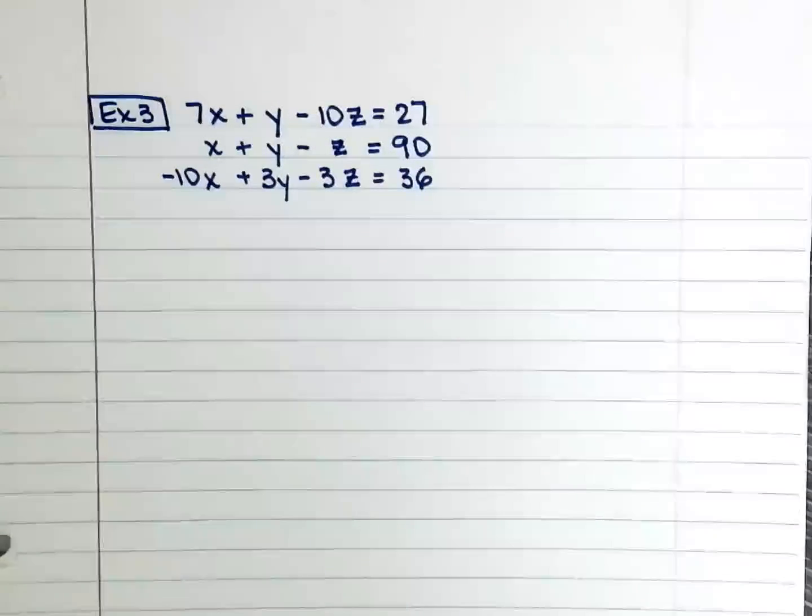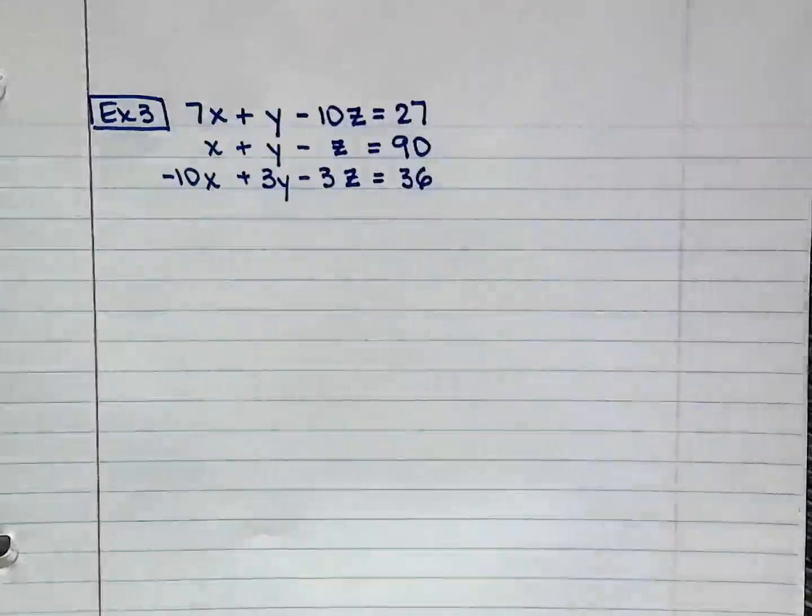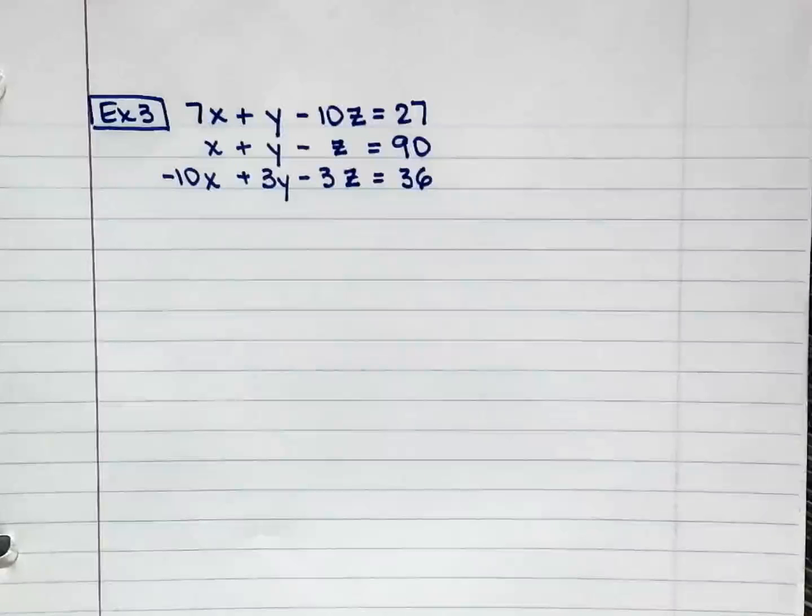If you want to take a break from the video, stop taking notes for a minute, work on your independent practice, you can go for it. If you think you want to keep going, I have one more example that is a little bit different than the others, but we're still doing the same idea.